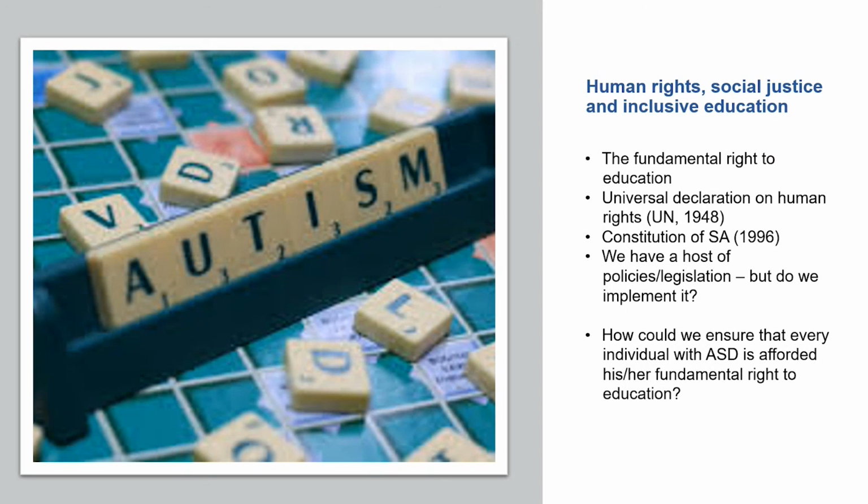And we then question to what extent we, as teachers, implement this in our schools and classrooms, and how we as teachers ensure that every individual with autism is afforded his or her fundamental right to education, how we accommodate them within our schools and classrooms, how we teach them, how we support them.